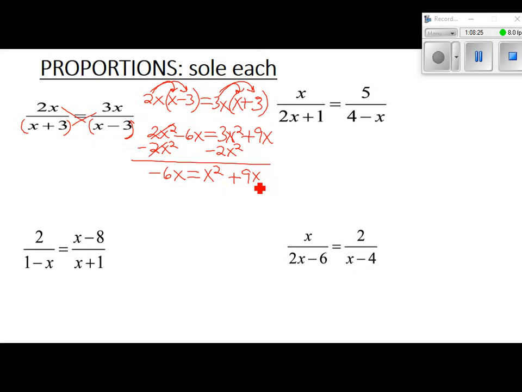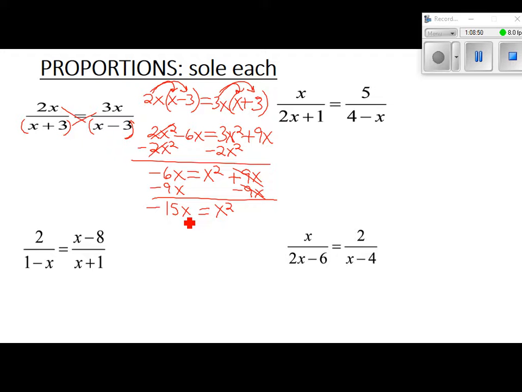We move this 9x over to the other side. So we subtract 9x on both sides. These cancel out. What's left on the right-hand side? x squared. What's a negative 6x and a negative 9x give you? Negative 15x. We get it down to this far.